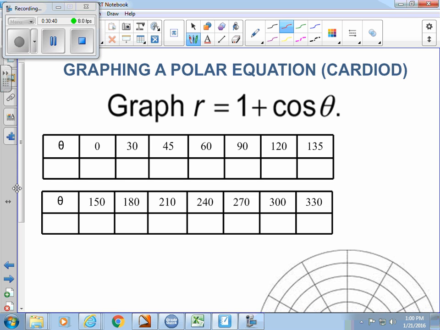That makes sense? Okay, now we're going to do a couple completely by hand. On the AP Calculus exam, it is rare for you to have to graph by hand. It does occasionally come up. Why does it come up? Well, they may ask you to find area completely by hand. In order to do that, you would have to have an idea of what you're finding the area of. Now, it doesn't have to be a perfect sketch, but we need an idea of what we're graphing, right?